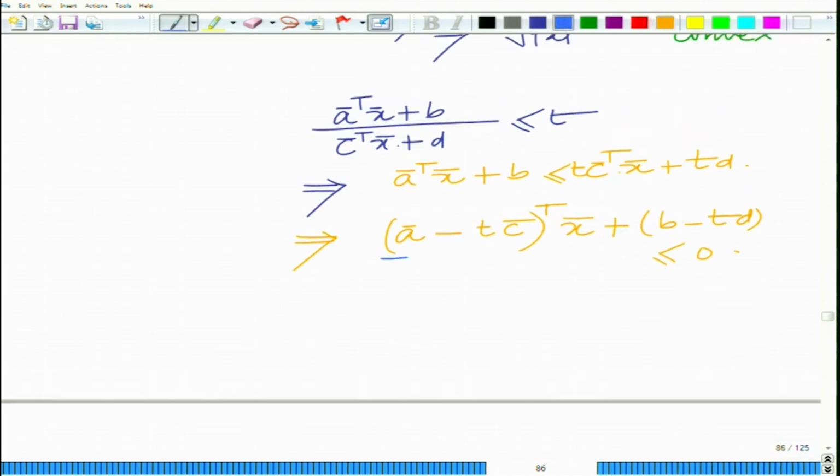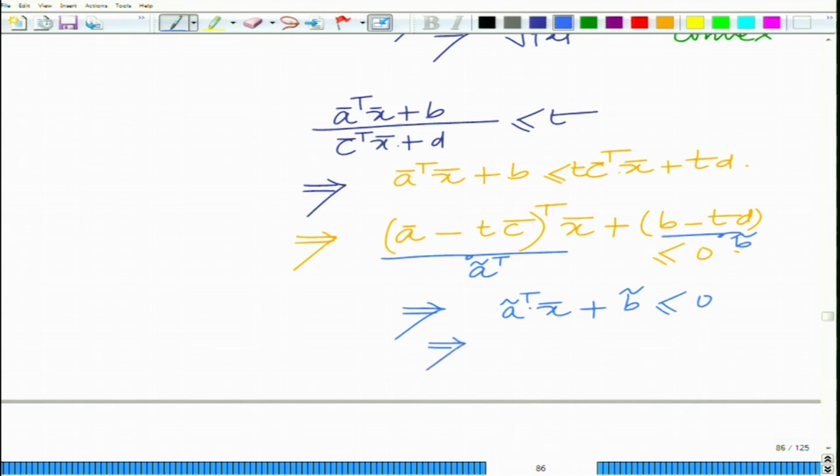Now, this is of the form A tilde transpose x bar plus b tilde less than or equal to 0, where A tilde depends on the parameter t. And now, this level set is nothing but a half space. We know that a half space is convex. So, all the sub level sets are convex, and therefore, this is a quasi convex function.